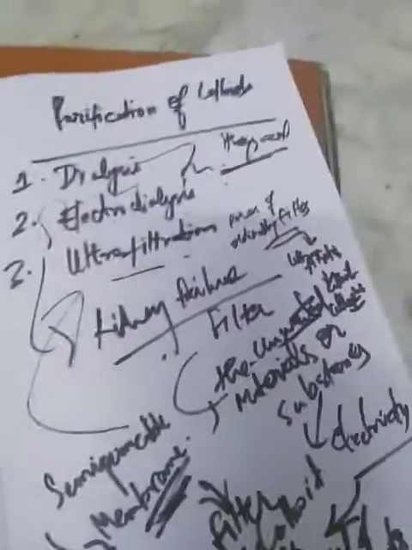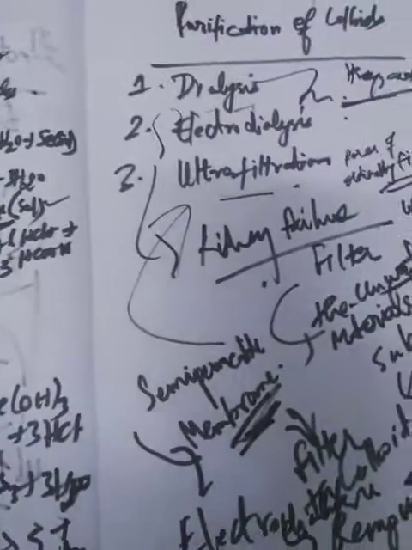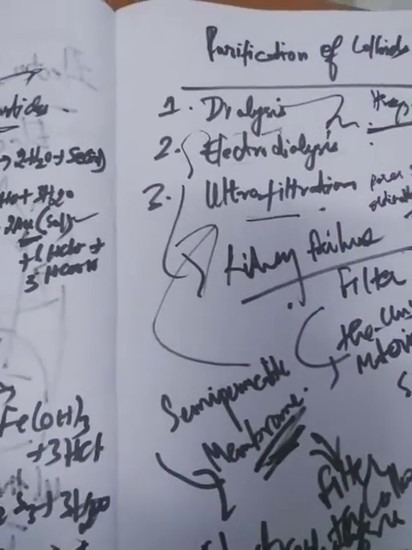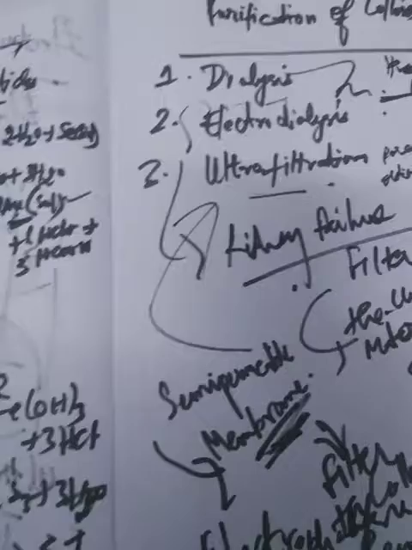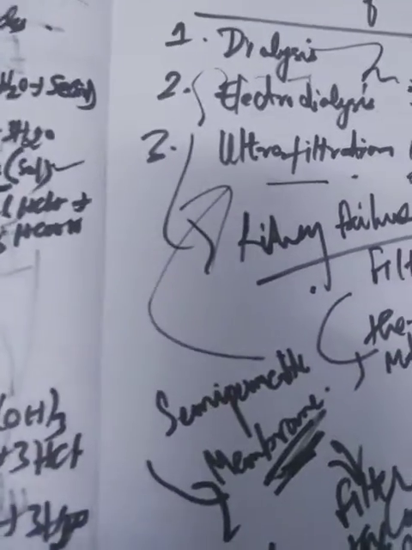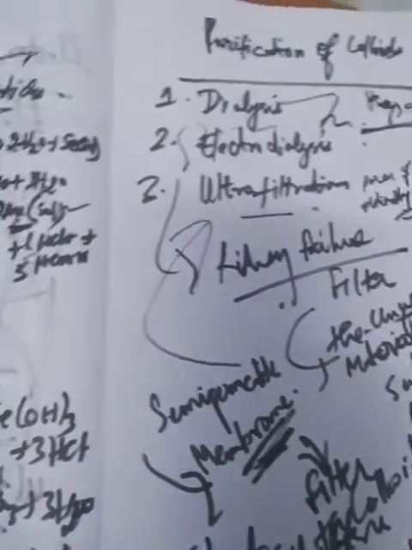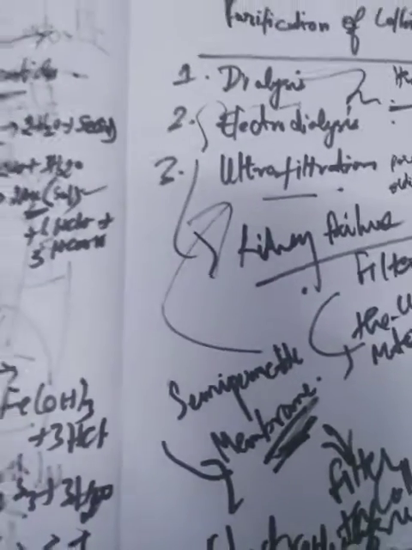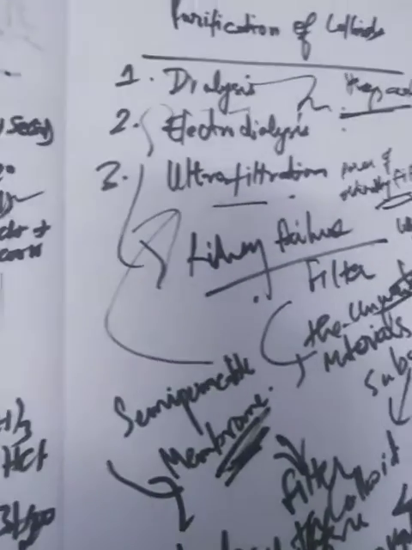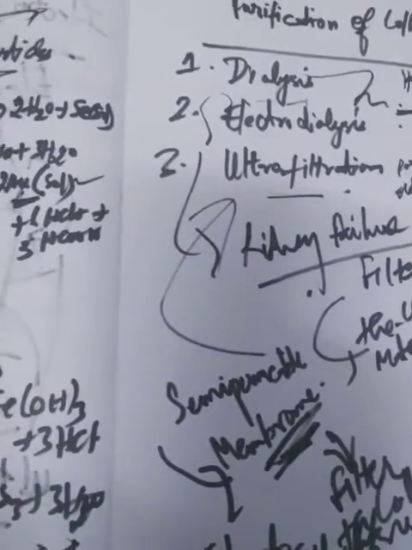Based on the size, we have to choose our parameters. Then filterability, whether the pore filters it or we should crush it to filter. Then whether colloidal solutions are heterogeneous or homogeneous, in order to use them in catalytic reactions.